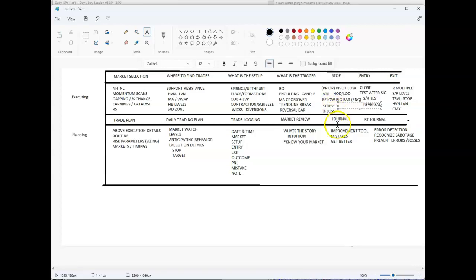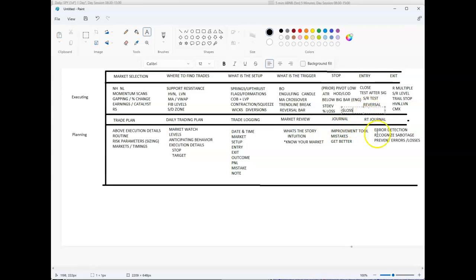Others will do it based off of what? A standard deviation. So for example, if they get in at a moving average crossover, they'll get out 2 standard deviations below. Or they'll do it based on a percentage loss or a dollar loss.